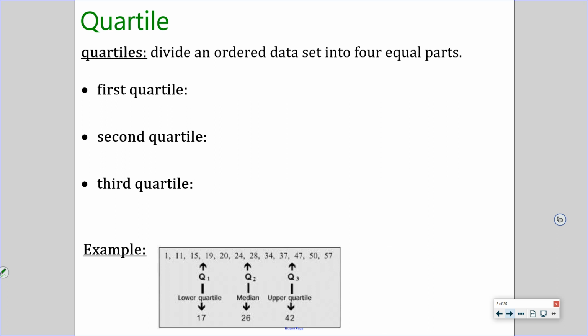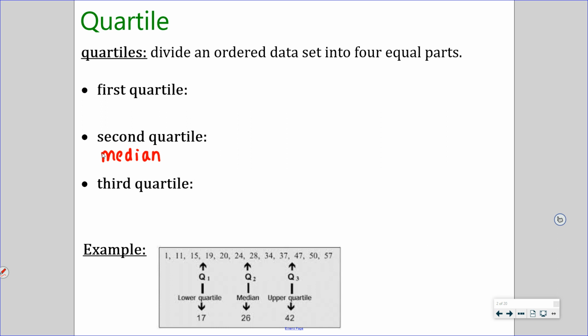So a quartile is when we divide our set into 4 equal parts. If you look at this picture here, our second quartile is another word for the median, because you split your data right in half.